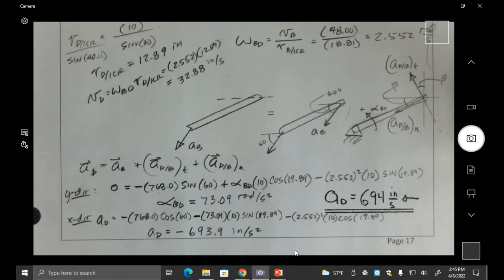It can go in a different direction. It's all because the influence of this normal direction really messes it up to try to use intuition sometimes to guess, right? Because this can be a pretty big value, especially since whatever the angular velocity was, it's squared. So this could have a big effect on what the results are.